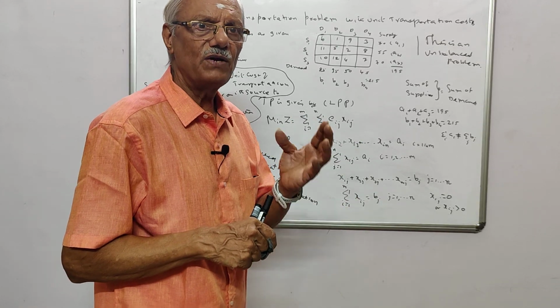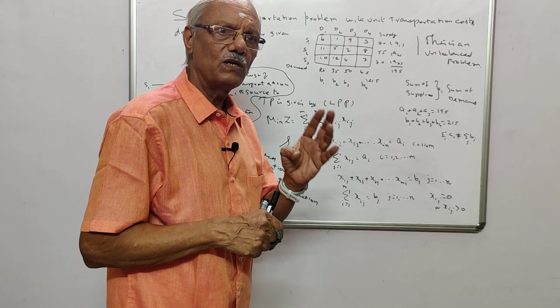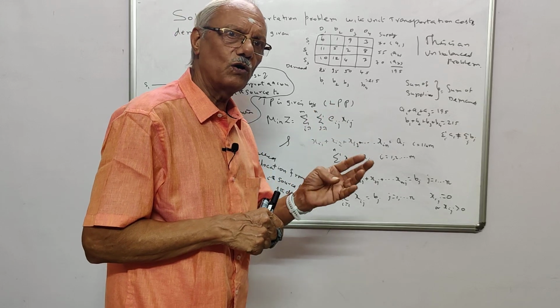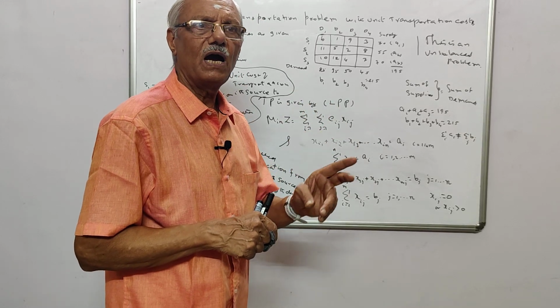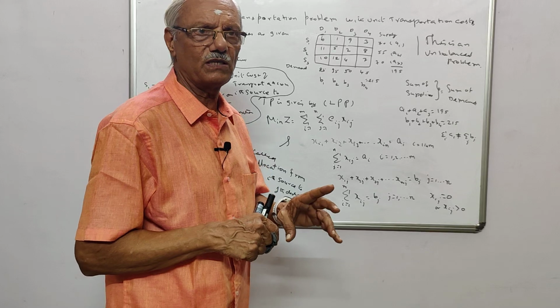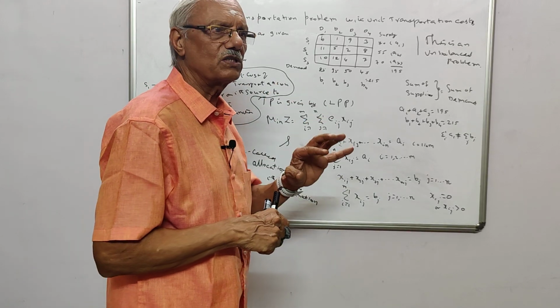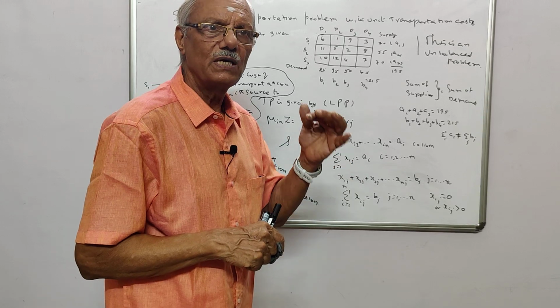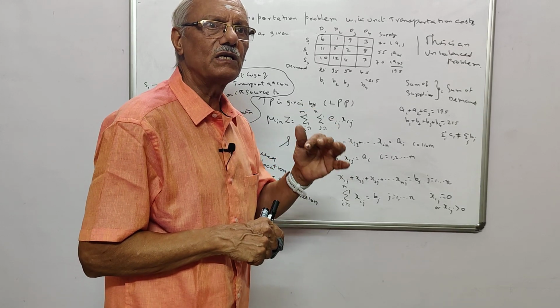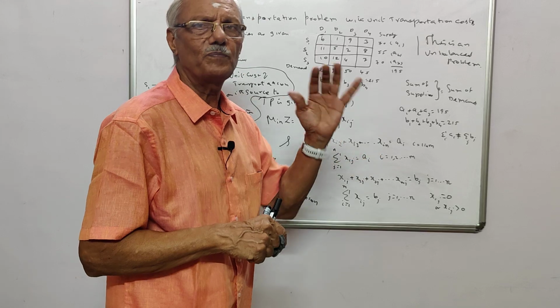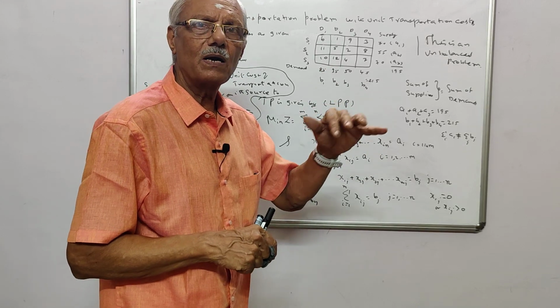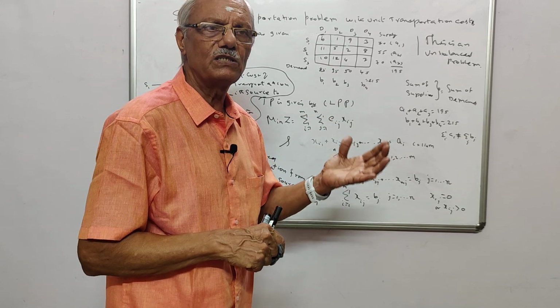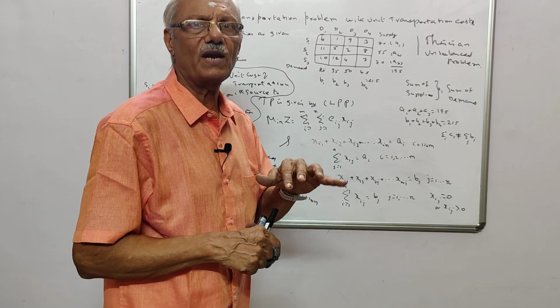We have three methods of doing it: the northwest corner method, the least cost method, and Vogel's approximation method. Vogel's approximation method is most applicable because, compared to the other two methods, it gives the minimum cost of transportation.